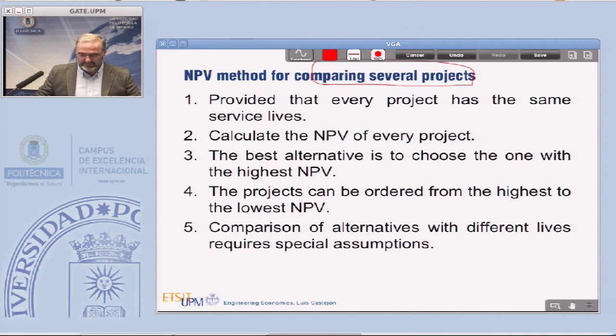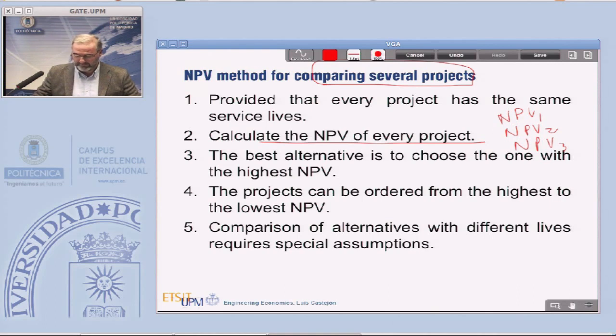Provided that every project has the same service life, we calculate the net present value of every project, and then which project will we choose? We have the net present value of project 1, of project 2, and of project 3.